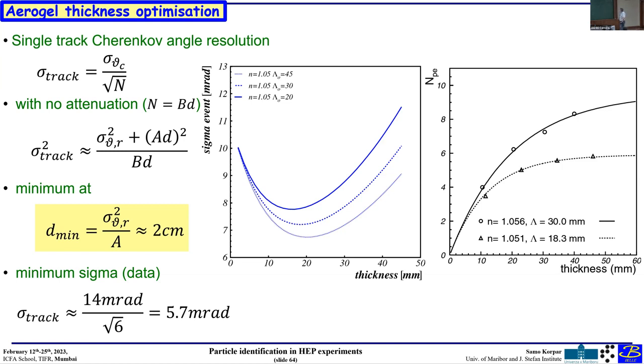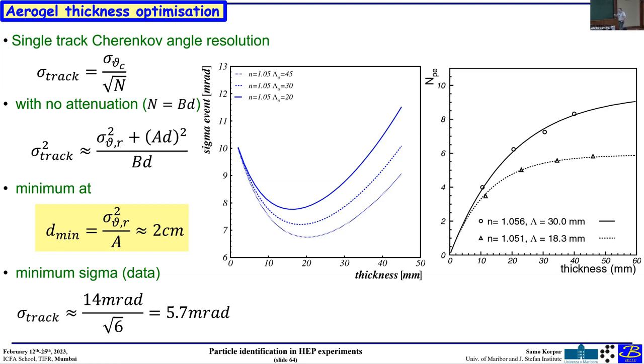And at this point, basically, we realized. These are some measurements. This is the number of photons, and these are the curves that show how you expect the resolution to be with the number of photons for different types of aerogel. What is this? This is the attenuation length inside the aerogel.